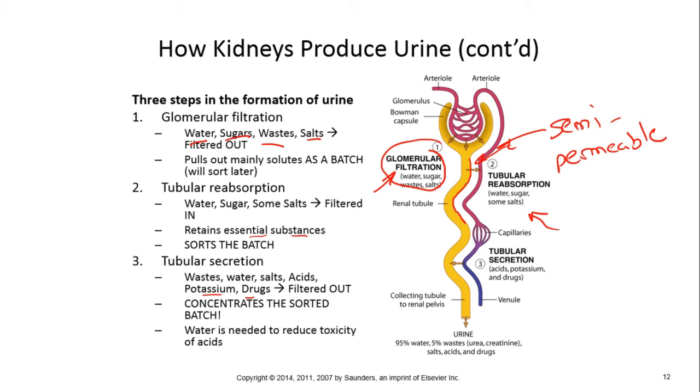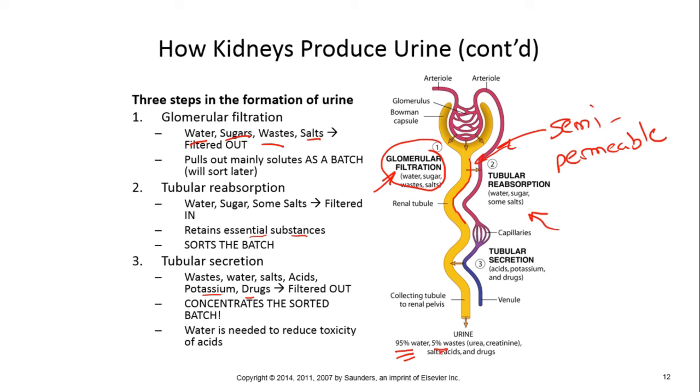Now here's the thing though, you're probably asking yourself, wait a minute, I've heard from my friends and my family that I need to drink 8 glasses of water a day because my cells need them. Well, did you know that the urine that comes out of your body down the toilet is 95% water and 5% nitrogenous waste? That includes urea, creatinine, salts, acids, and drugs.